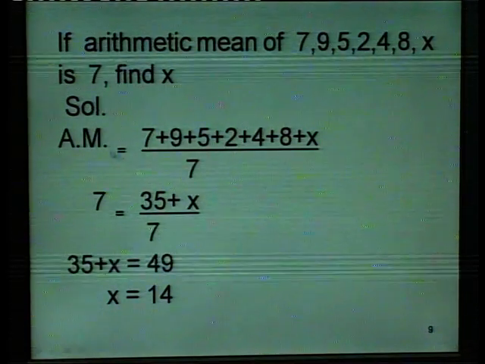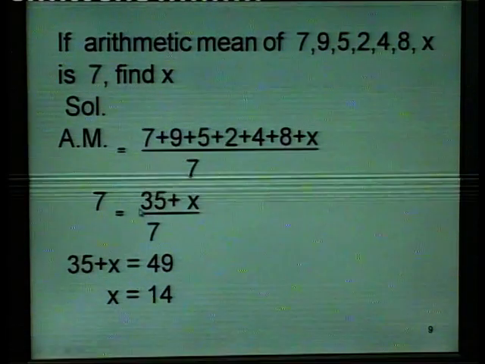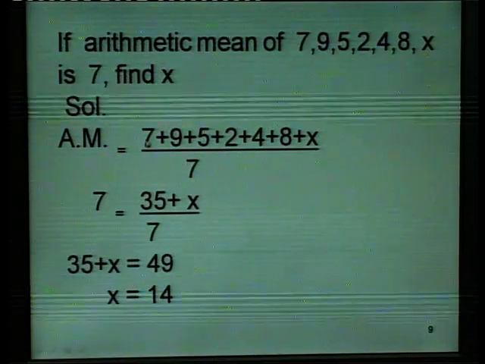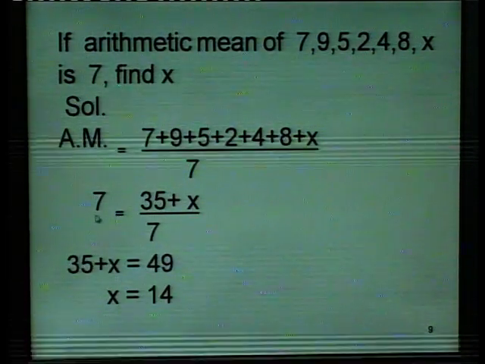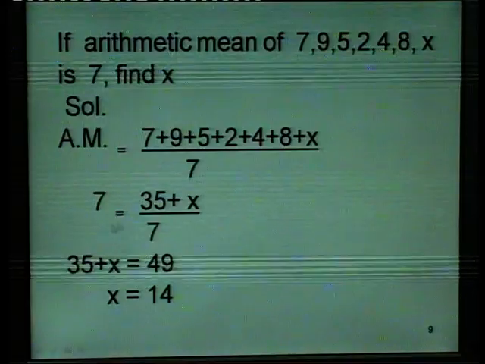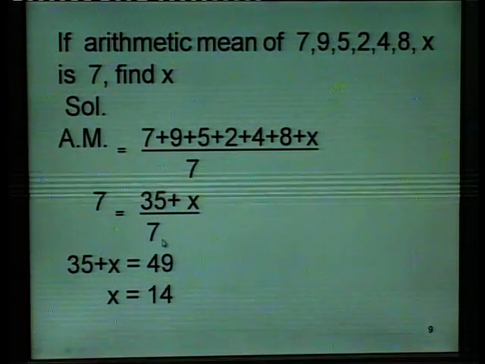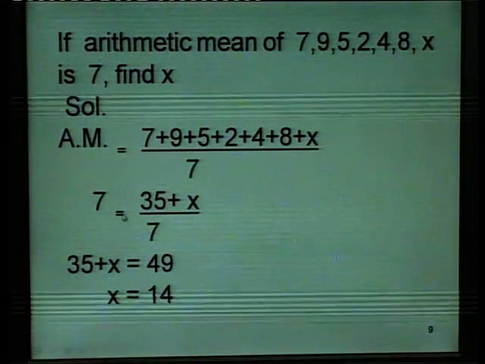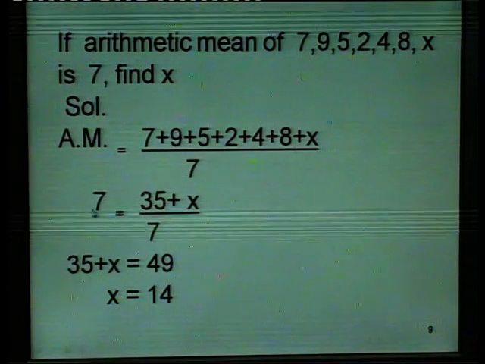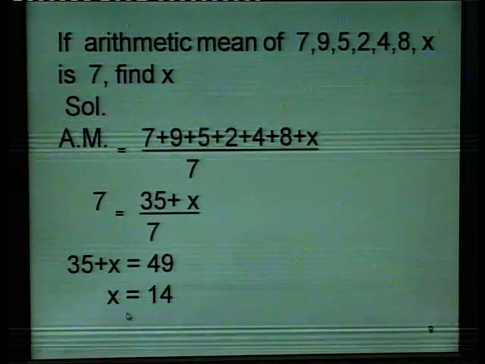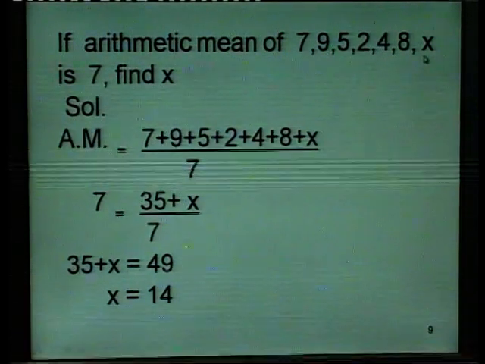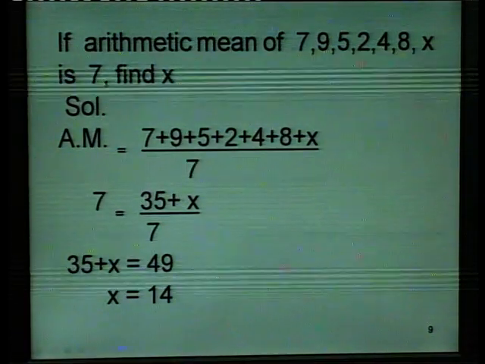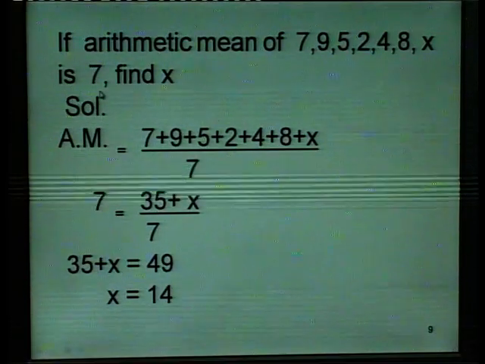This arithmetic mean is also given as 7, because these are 7 numbers, counting 1, 2, 3, 4, 5, 6, 7, and the mean is also 7. So, 7 is equal to 35 plus x by 7. Now, simplify it: 35 plus x is equal to 49, and we come to x equal to 14. So, the unknown value is 14. If we take x equal to 14, its arithmetic mean will be equal to 7.